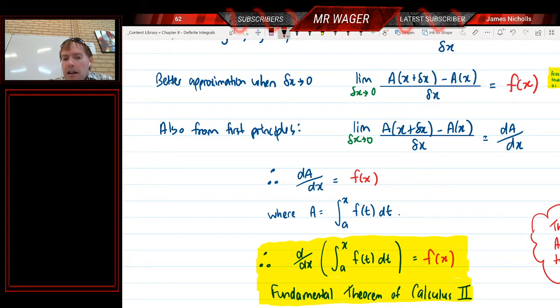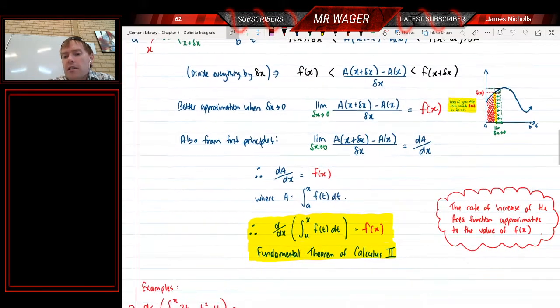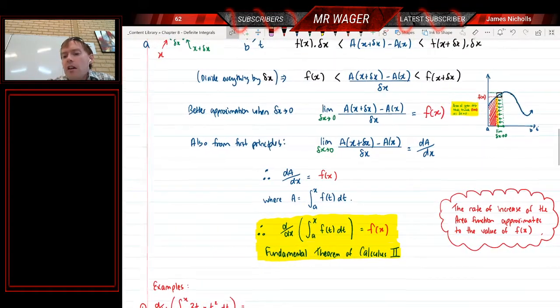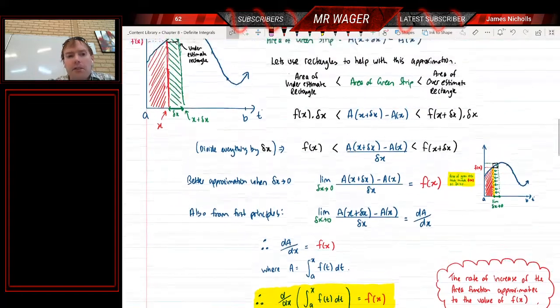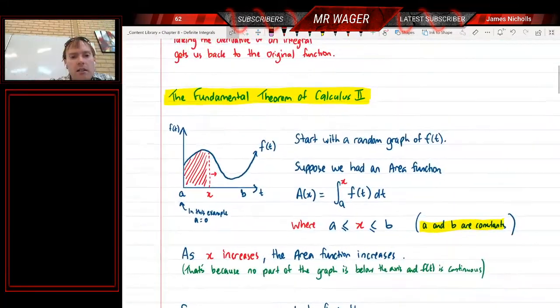So it's d dx of our integral is equal to f of x. It's the fundamental theorem of calculus. So the rate of increase of the area function is approximately the value of f of x at the time. So if we scroll back right to, let's go to this graph here.